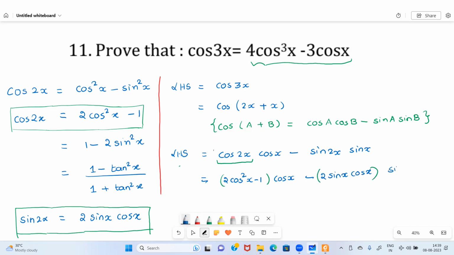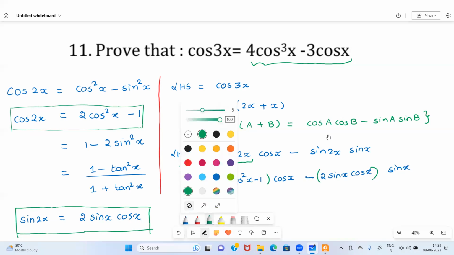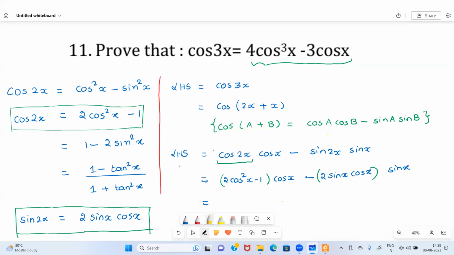Then I have sin x here. Now, let's multiply this inside. 2 cos square x into cos x. That gives you 2 cos cube x. Then I multiply 1 minus 1 with cos x. So you get minus cos x.